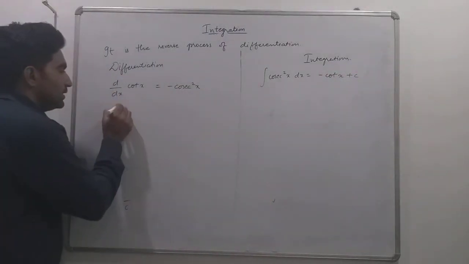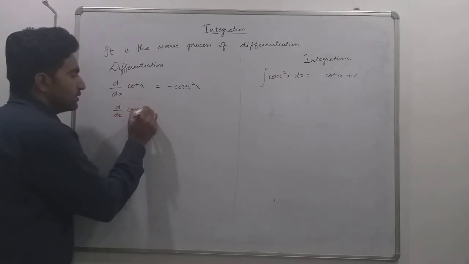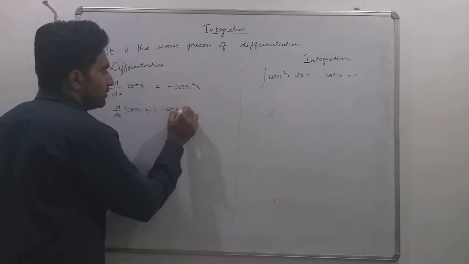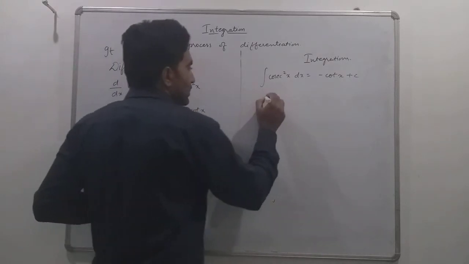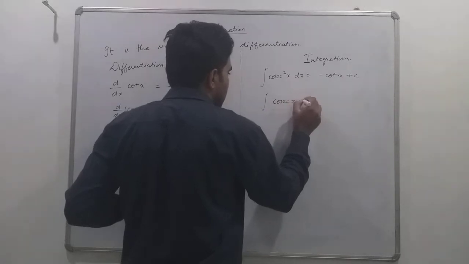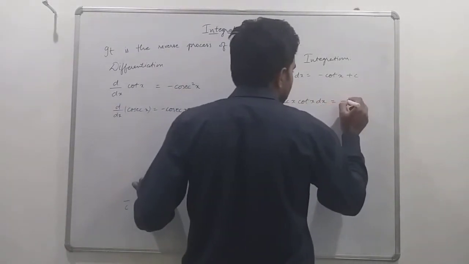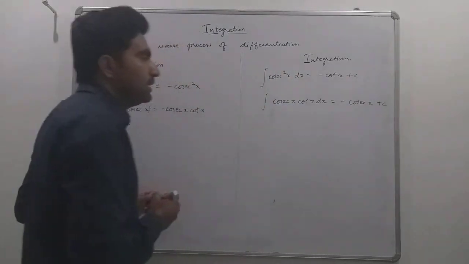And the differentiation of cosecant x will be minus cosecant x cot of x, and the integration of cosecant x cot of x dx will be equal to minus cosecant x plus c.